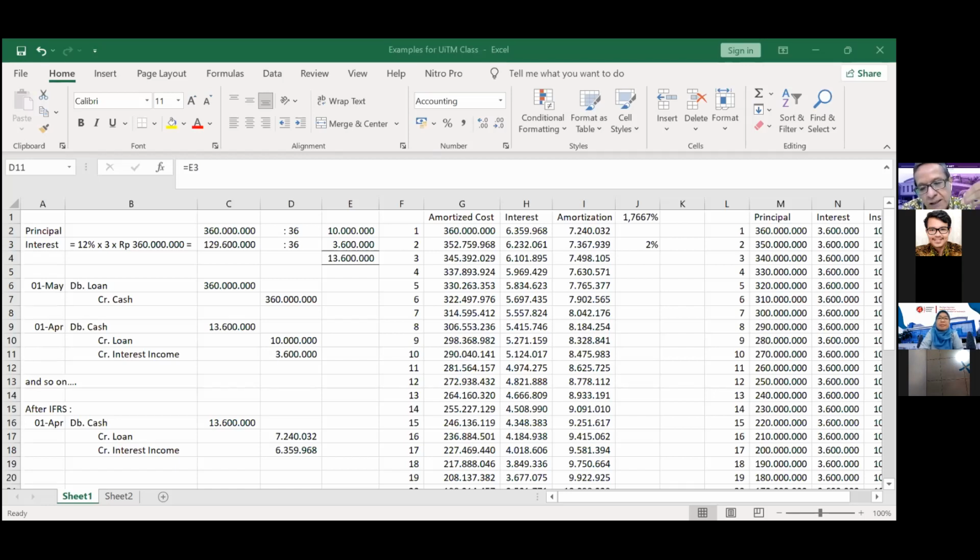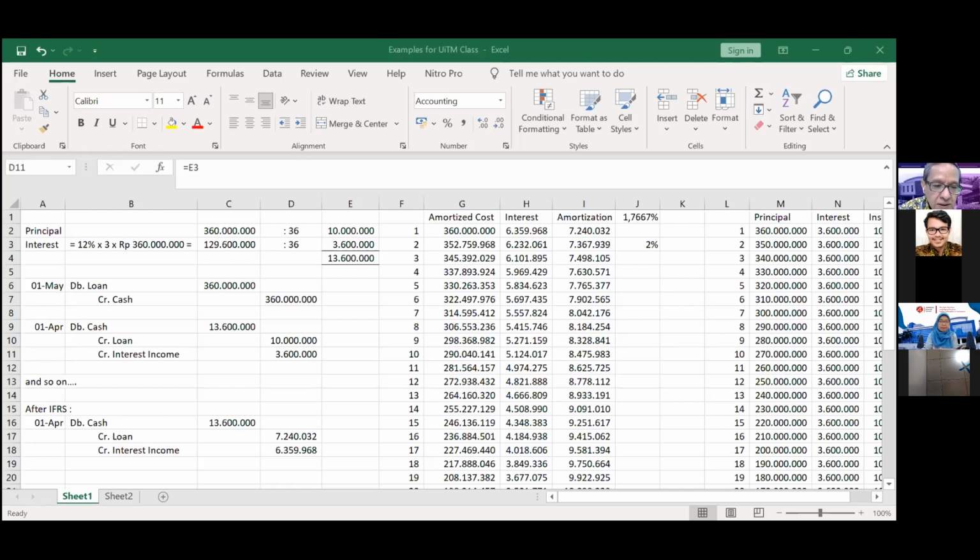So if the customer is still good, the loss will be only this. But if the customer is getting worse, then the loss recognized should be the sum of this. So this is the IFRS 9, 2020.